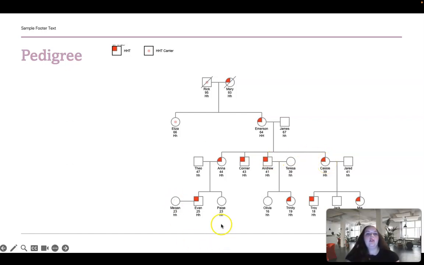Then further down, in that 3rd generation, only one of Anna and Theo's 2 kids was affected. Andrew and Teresa have one of their 2 kids affected, and Cassie and Jared have 2 of their 3 kids affected. So there's a 50% chance.